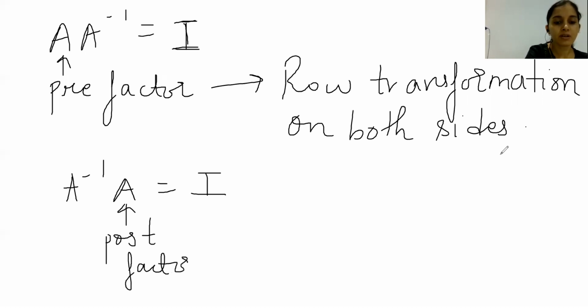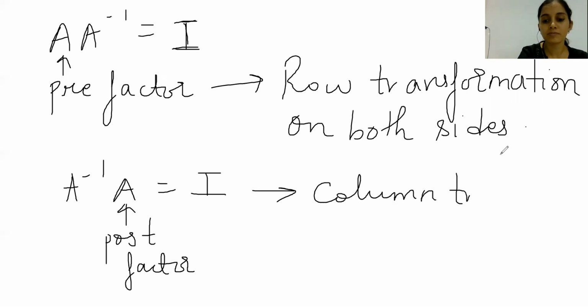So here A is the post factor, and I will apply column transformations on both sides.